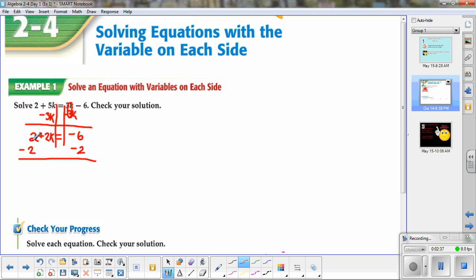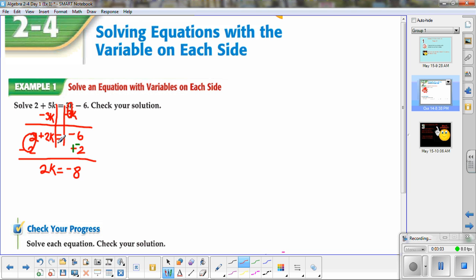Now the 2 minus 2, that's 0, and 0 plus 2k is just 2k. Now over here, negative 6 minus 2, subtraction with negatives, you'll want to change to adding the opposite. Negative 6 plus a negative 2 is a negative 8.